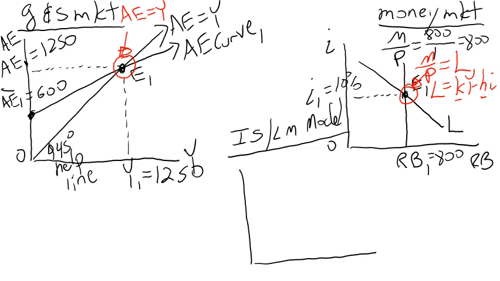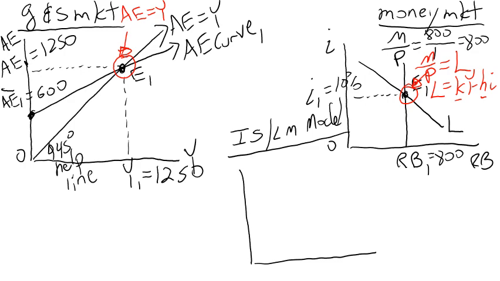Total savings being SP, that's private savings of the households, plus SG, these are governmental savings, plus SR, these are savings of the foreigners. L refers to money demand. M refers to money supply.